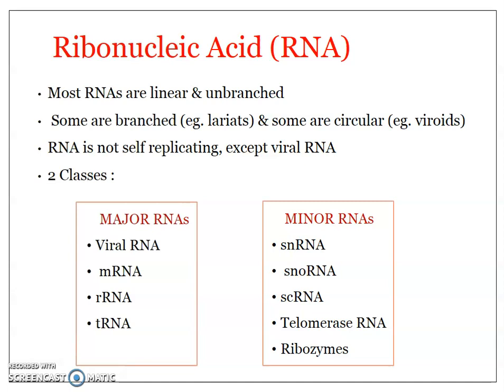It is due to the presence of a hydroxyl group at the 2' position of the ribose sugar. Ribose has a 2' hydroxyl group in the case of RNA, while in DNA, the deoxyribose has only a hydrogen at the 2' position. Because of this difference, RNA is susceptible to alkaline hydrolysis.